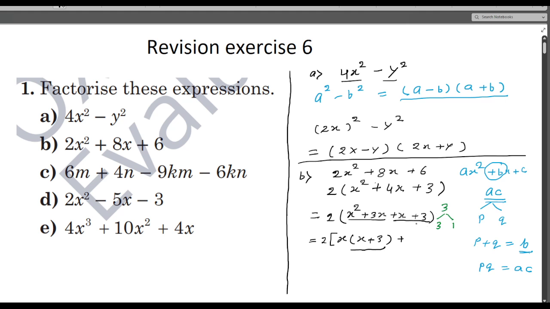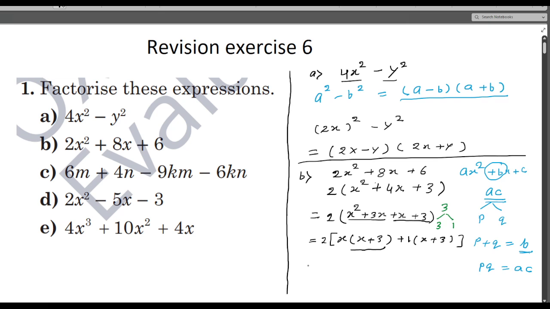I have x plus 3 only, so we write this as taking 1 common, and the term x plus 3 remains as it is.